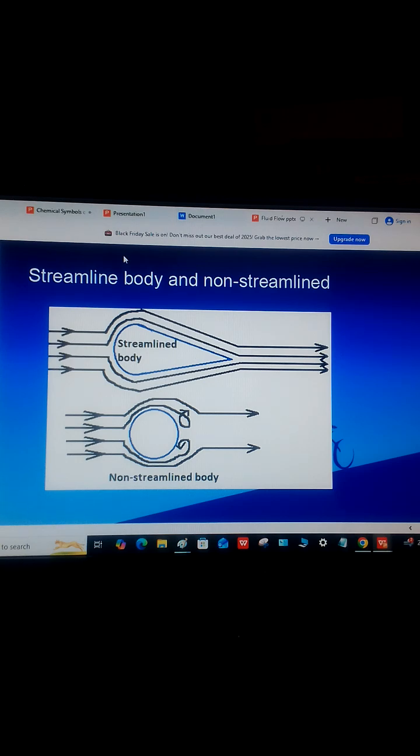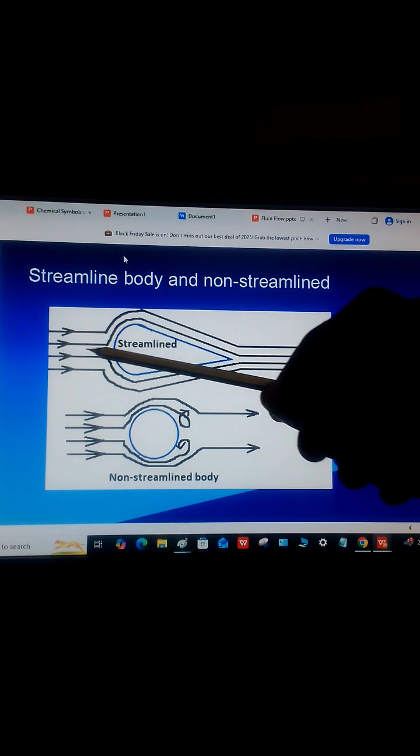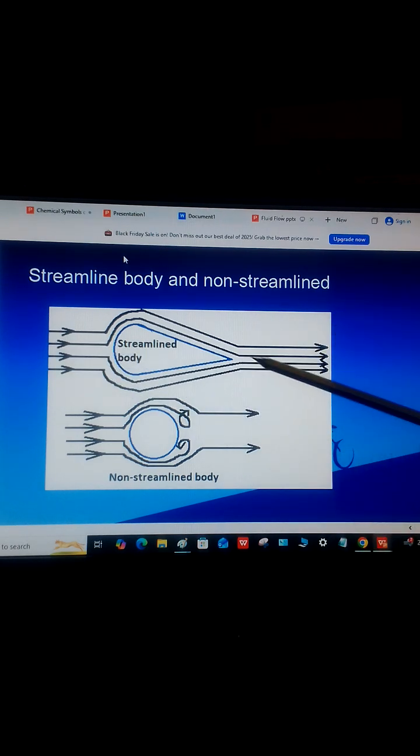So this body is streamlined because it does not affect the distribution of the streamlines behind it. It is moving forward. The fluid is moving like that. So behind it, the streamlines are not affected. All right. Examples of streamline bodies are cars, jumbo jets, and birds that fly.